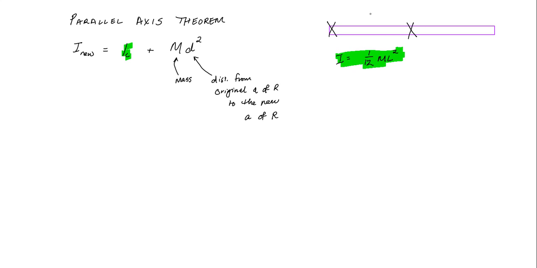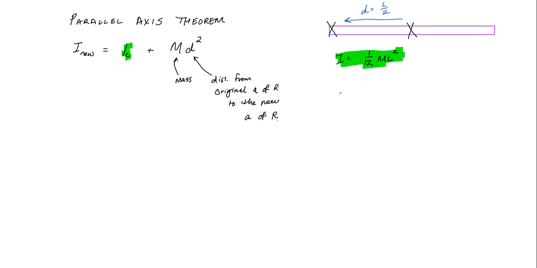Okay, so the shift is going to go this way, and d is the distance from the original axis of rotation to the new axis of rotation. So d here will be equal to L over 2, because that's how far I'm shifting it.